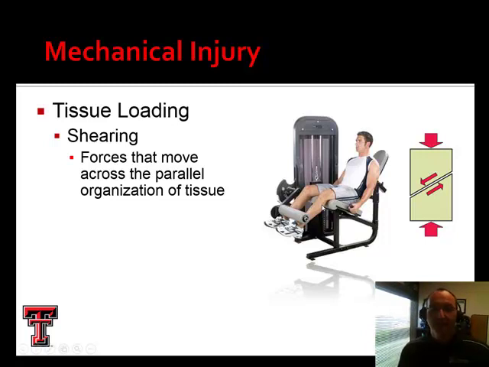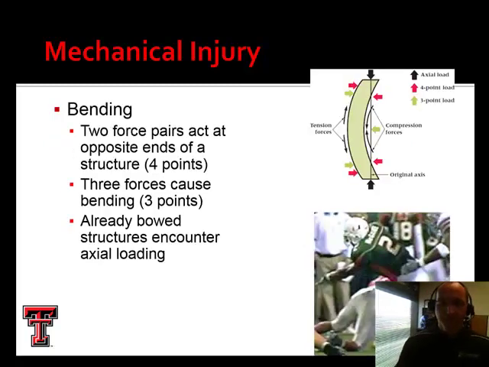We unnecessarily load the ACL when we do these things because the femur is fixed, the tibia is somewhat free to move, and the muscles crossing the joint are loading it in such a way that we put undue stress on those healing structures. There are much safer and more functional ways of stressing the quadriceps without inducing those same shear forces.